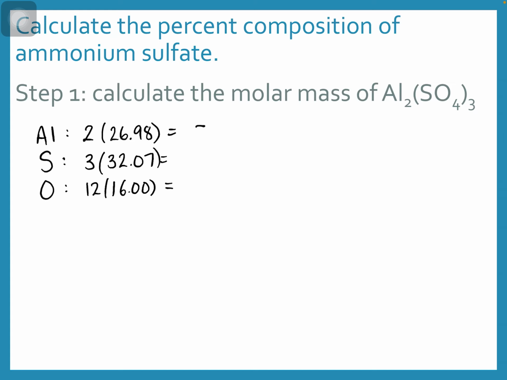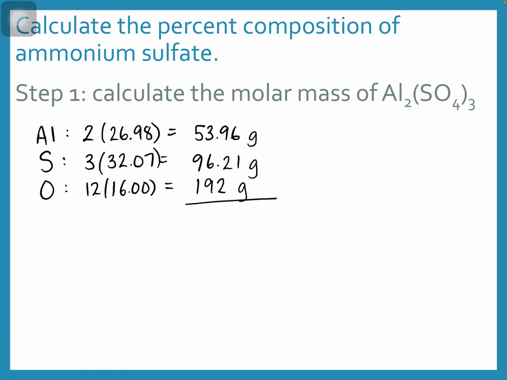So I can calculate what each of those is going to give me. I have 53.96 grams for 2 moles of aluminum atoms, and 96.21 grams for 3 moles of sulfur atoms, and 192 grams for 12 moles of oxygen atoms.